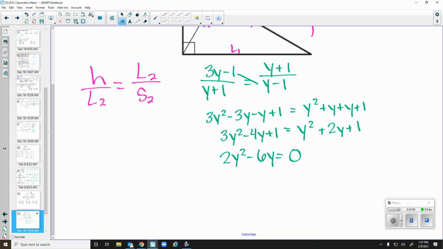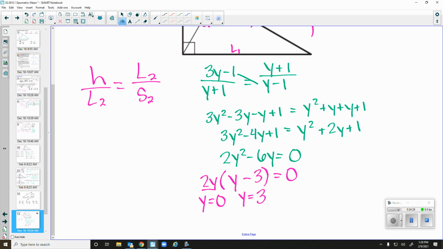Both terms have a y, and both terms are divisible by 2, so we can take out a 2y, and we'd be left with y minus 3. Two answers here. The first part gives us y equals 0. The second one, 3.